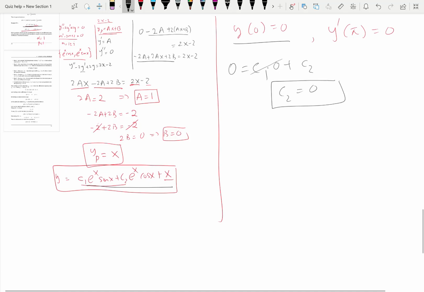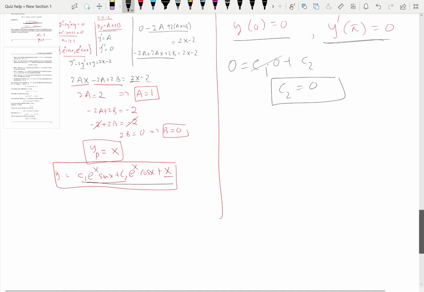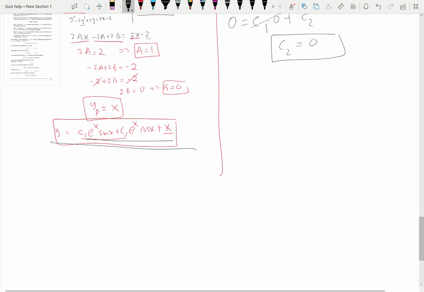Alright, now to use this initial condition, we need to find y prime. So we differentiate.